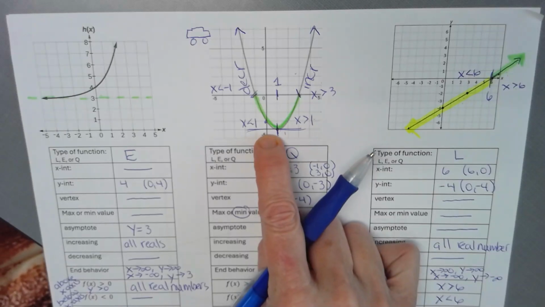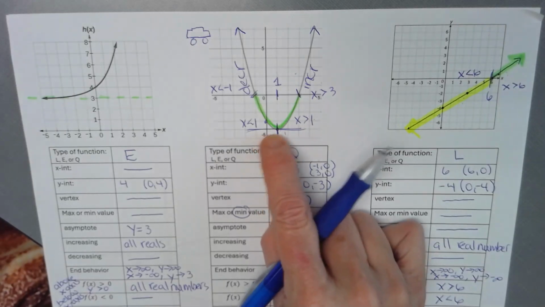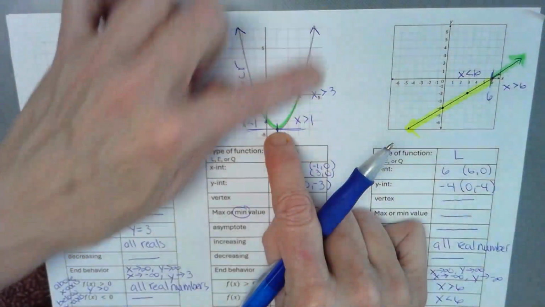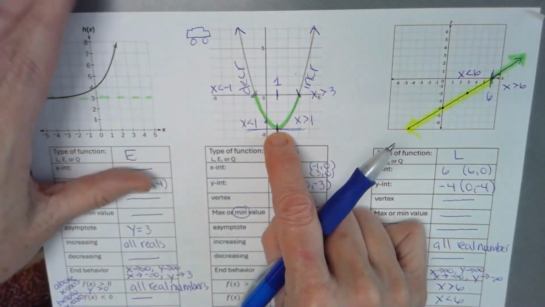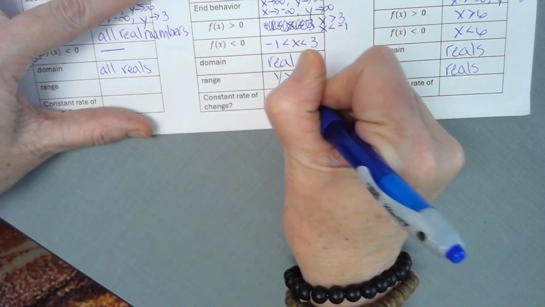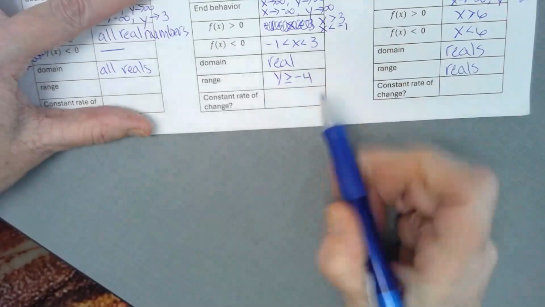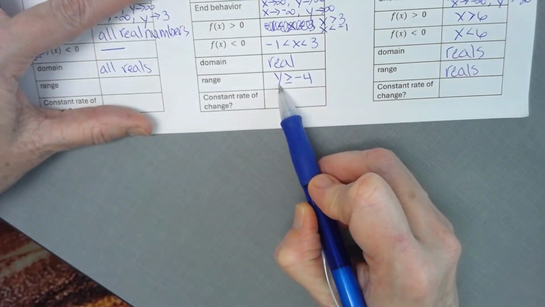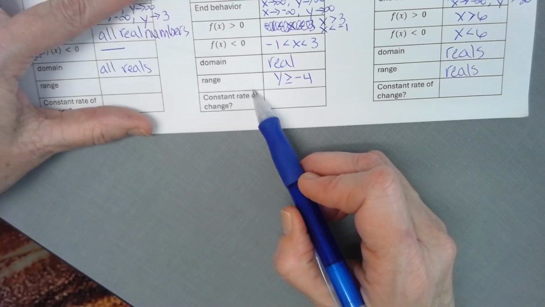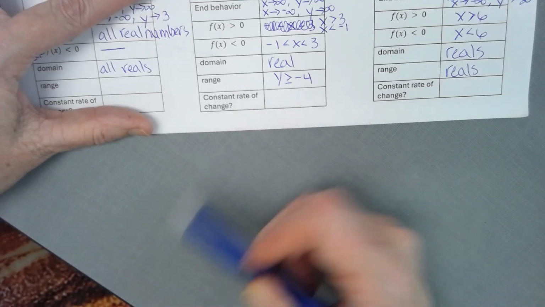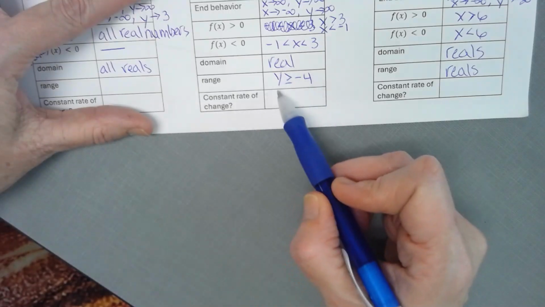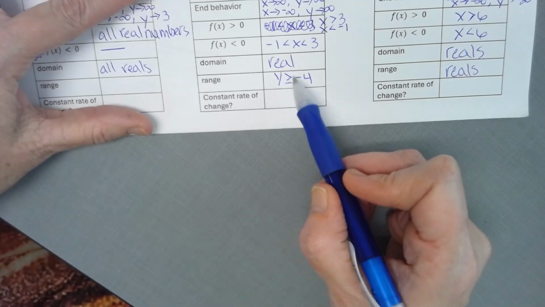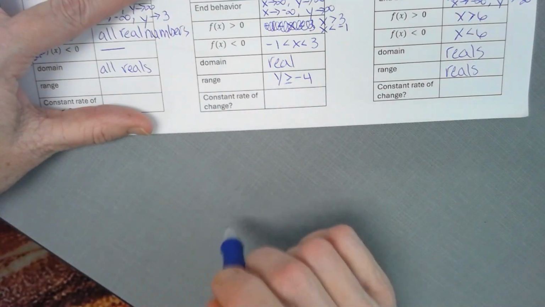There's no curve at all under -4. So all the y values on this curve are -4 and up. So how do I write -4 and up? I write y is greater than or equal to -4. Why am I using a y? Because range is what? The y values. The y values on this curve are all greater than or equal to -4.